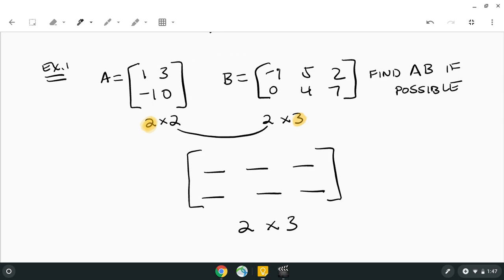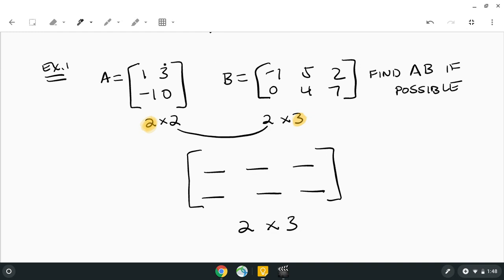And two elements here, -1 and 0? That's why the columns here have to match the rows, and they do. We have 2 here and 2 here. To find this here, we're going to use the first row and the first column.